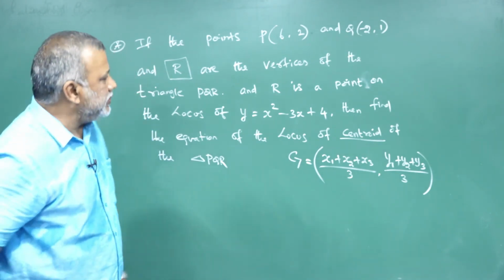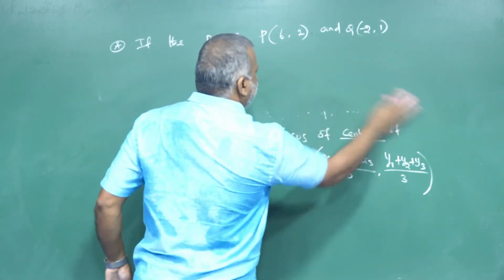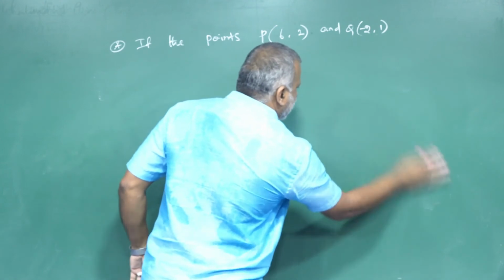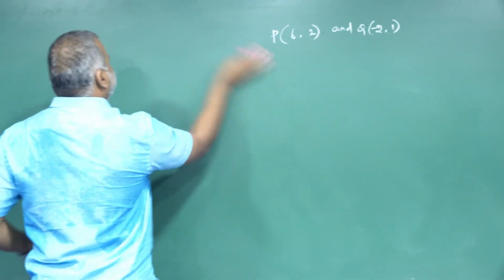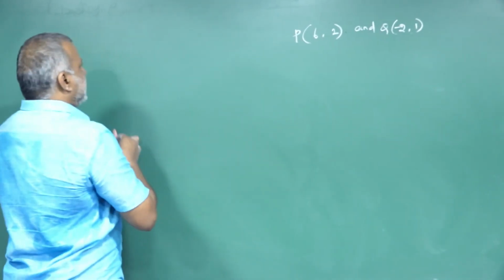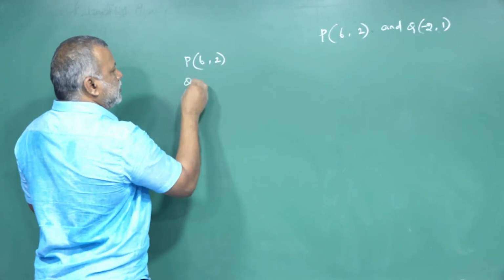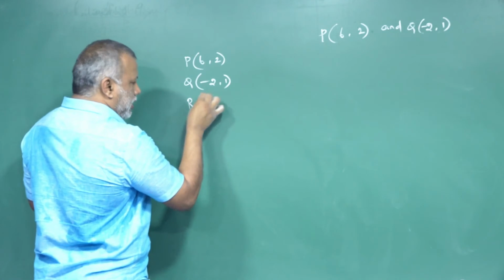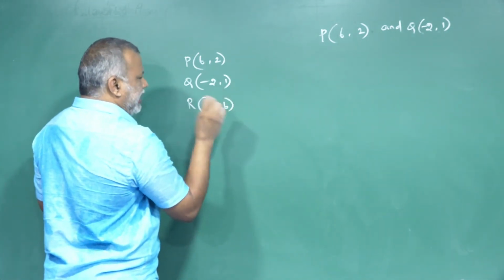Now listen students, we are going to draw a rough diagram. P and Q are given. Here R is unknown. So as per the given data, P of 6, 2, Q is the point minus 2, 1, R is an unknown point. I can select A, B; you can give any other name also.